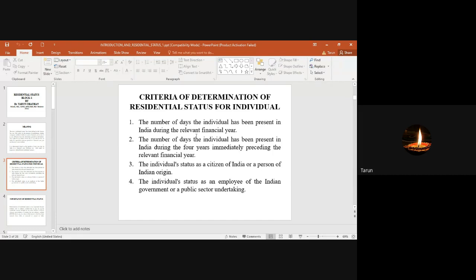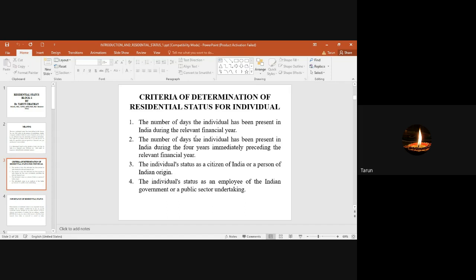Now the third point is the individual's status as a citizen of India or a person of Indian origin, which states whether the particular individual is a citizen of India or not.